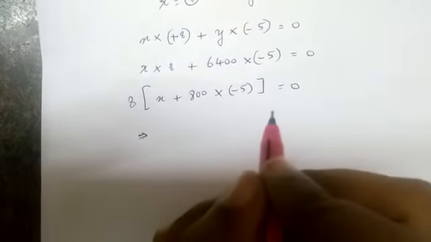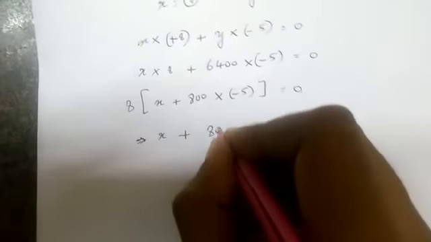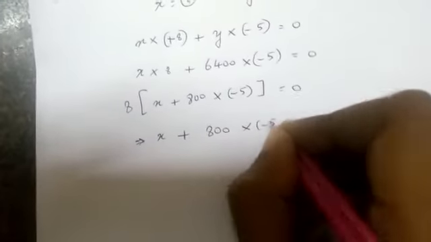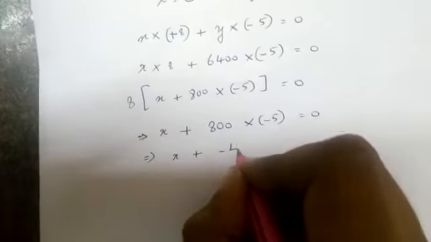If you take 8 to the other side, it will become 0 again. So it's X plus 800 into minus 5, which is equal to 0, which will give you X plus minus 4000.